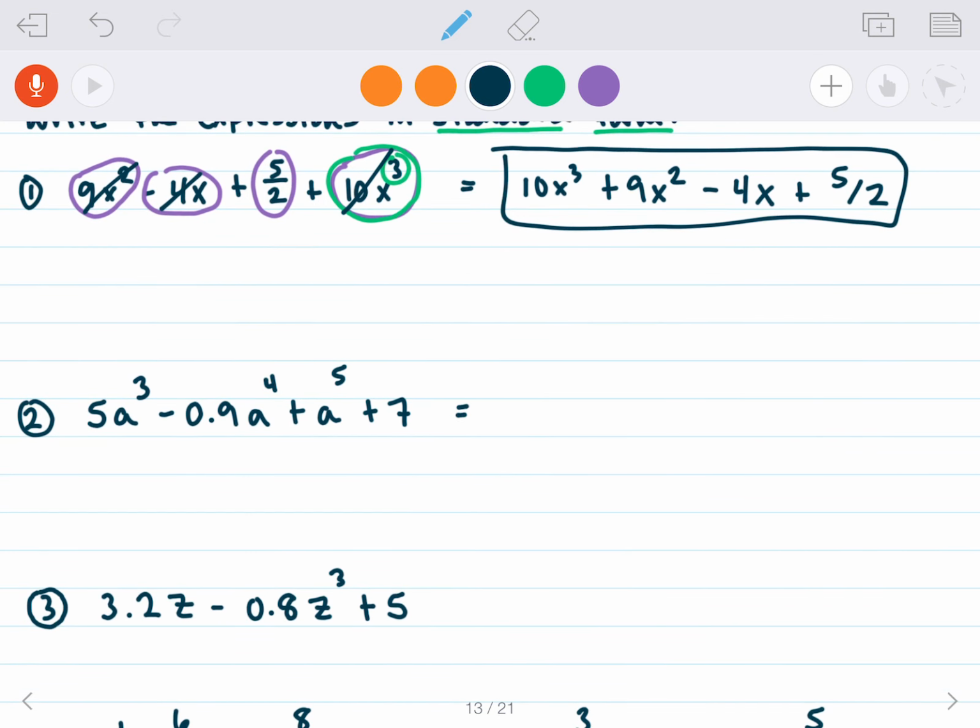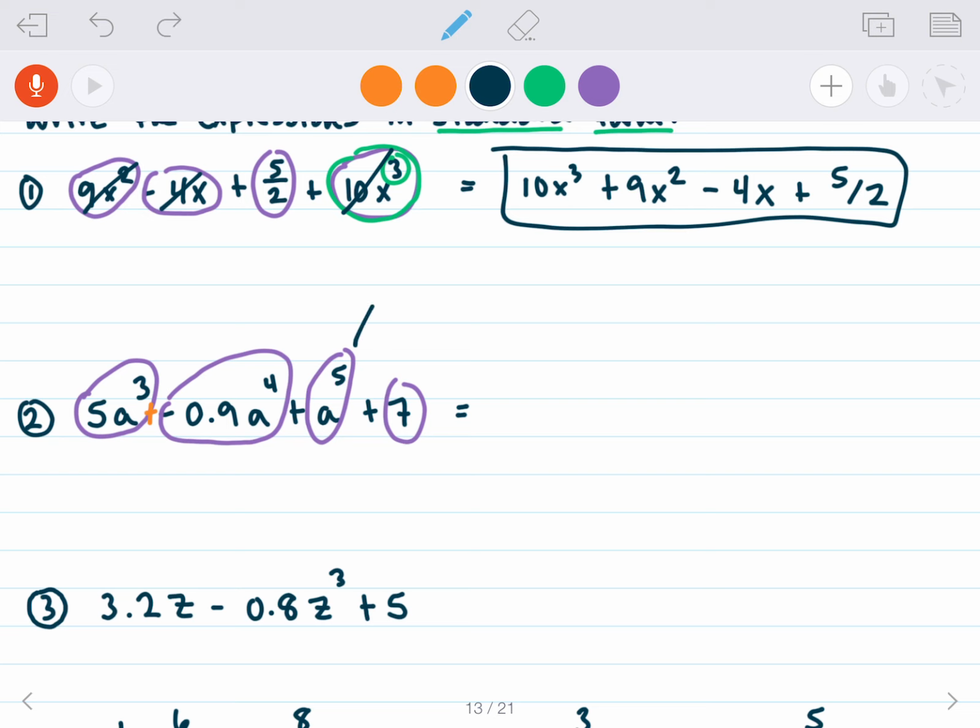Let's look at the next one. So first I'm going to circle my terms. I have this guy as a term, all stuck together with multiplication, plus, remember there's that plus right there, this term, all stuck together with multiplication, plus this term, plus this term. So what's coming first? Which one has the highest exponent is this one, right?